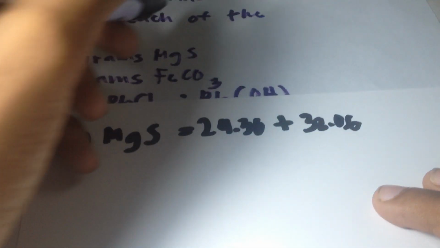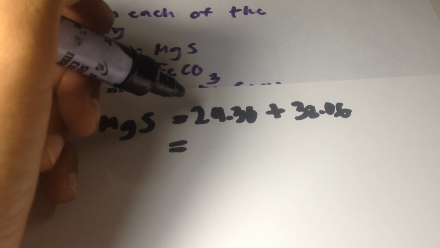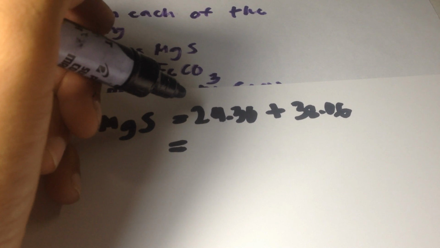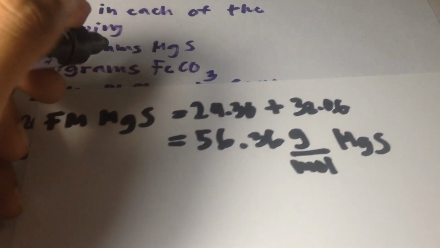24.30 plus 32.06, which is equal to 56.36 grams per mole of magnesium sulfide.